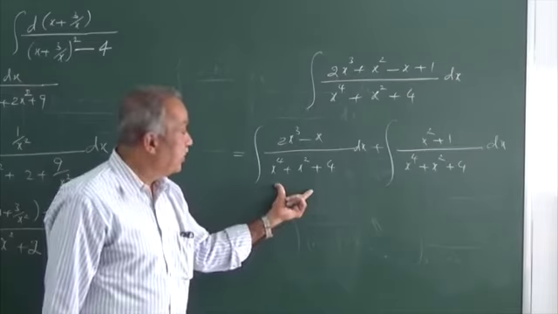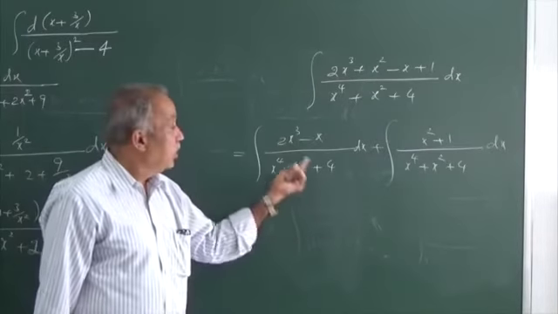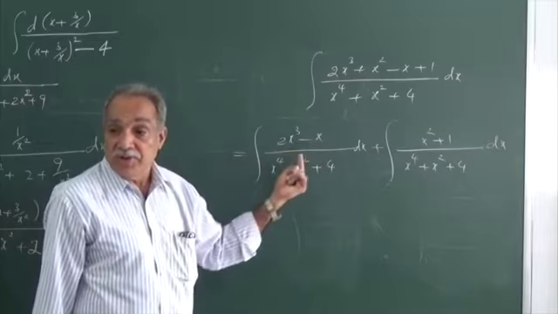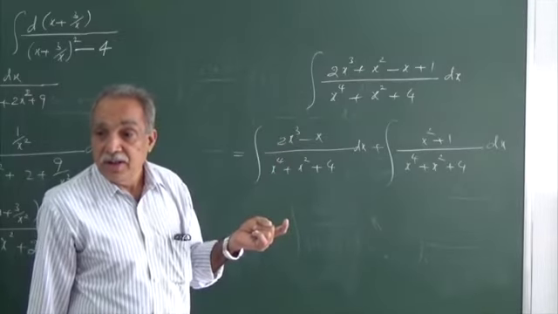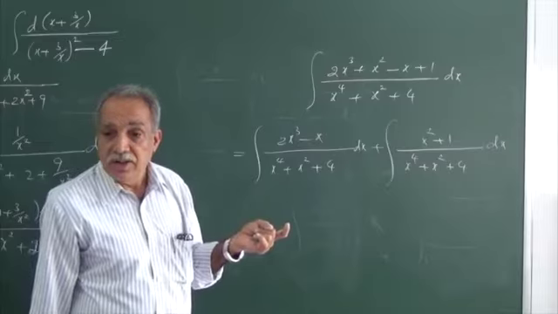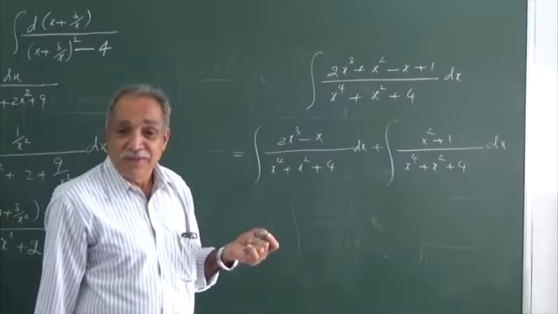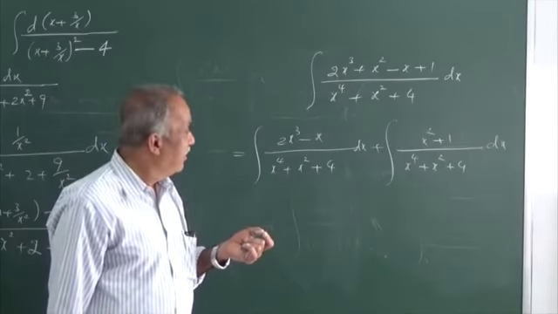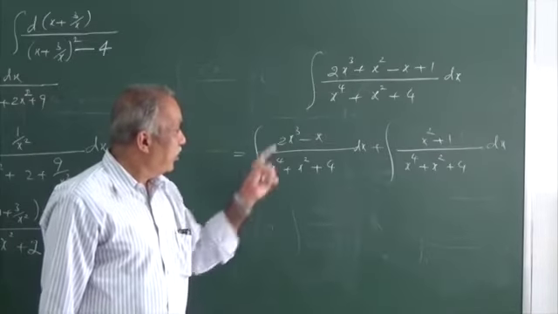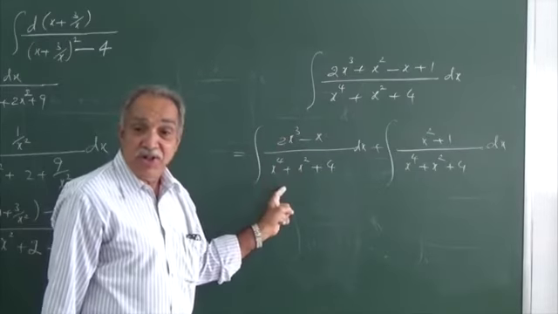The speciality of this part is that the denominator consists of only even powers and the numerator consists of only odd powers. Take the advantage of that. Why all those complications? You are finding only odd powers in the numerator and even powers in the denominator.